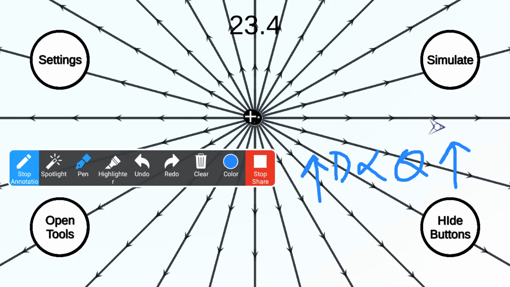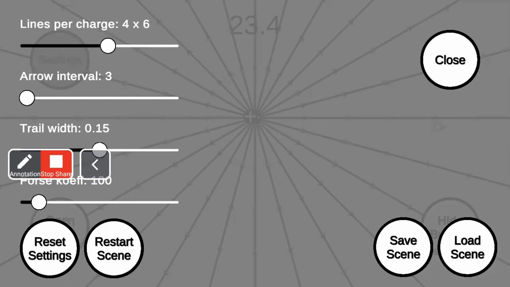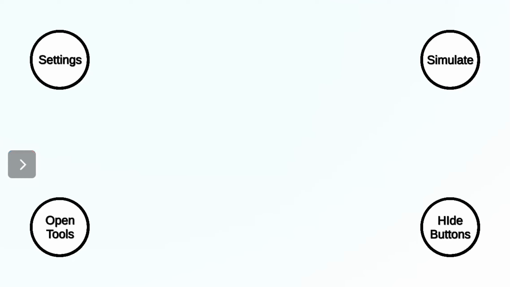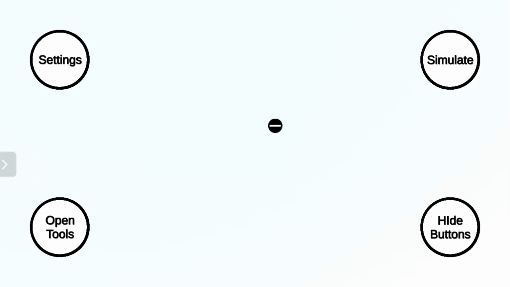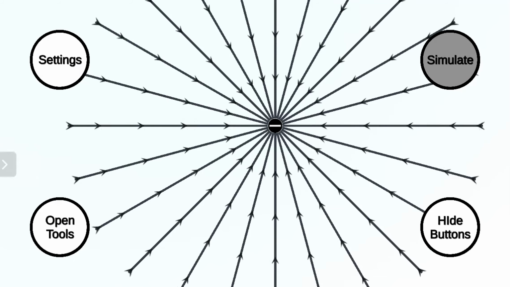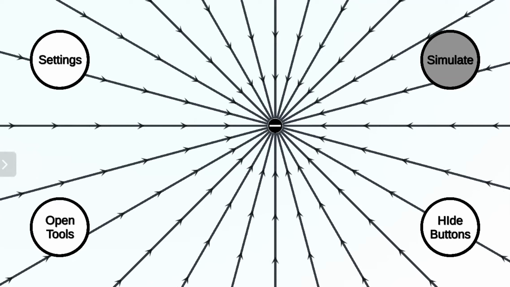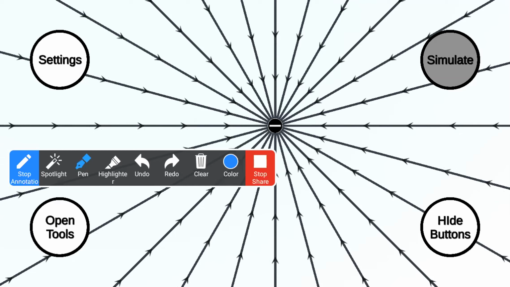Then I will see what is the effect of a negative charge, sir. What is the effect of a negative charge? Are you all getting what is happening? Once I put the negative charge, the electric field is coming inside to the charge. You see the arrow mark. In the previous case, the arrow mark was going outwards.